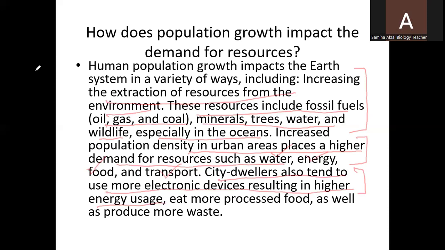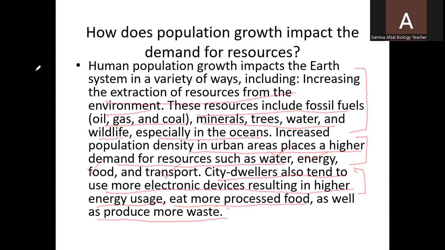The organisms depend on different other life saving phenomena, or they are eating more processed food as well as producing more waste. So if they are eating so much food, they are producing so much waste. So the growing population has an impact, or they are demanding more resources.